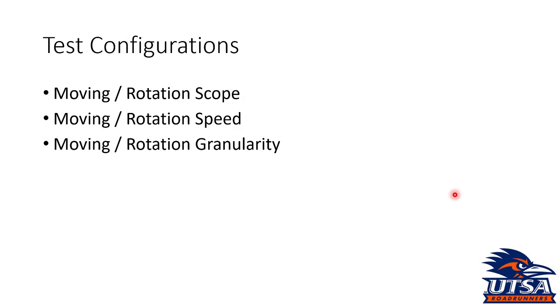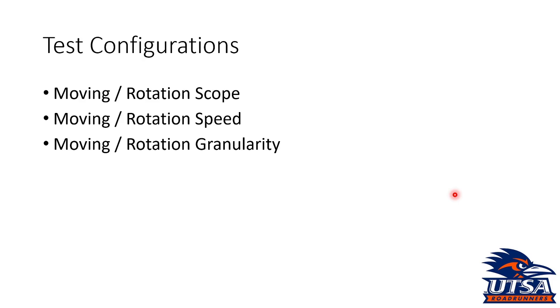As for the test configurations, we have 3 major configuration values for developers to set. The first is the moving rotation scope, which defines the size of the scene, that is, where the camera can go. The second is the moving rotation speed, which mainly depends on how fast the developer wants the video to be after the testing.